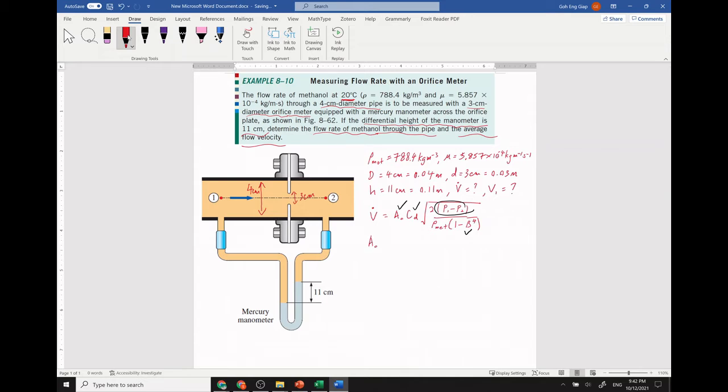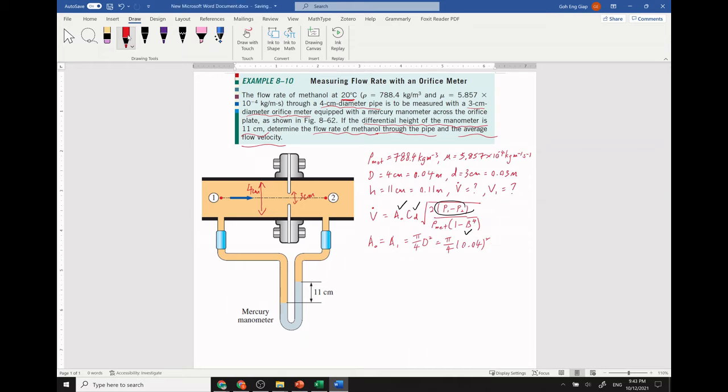A naught is given by pi over 4 D square. So pi over 4 times the big diameter, which is 0.04 squared. That should give us A naught. We just leave it here first.